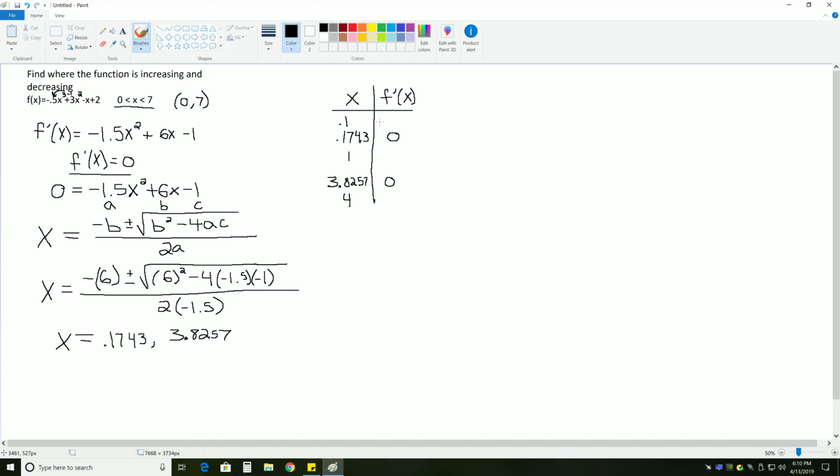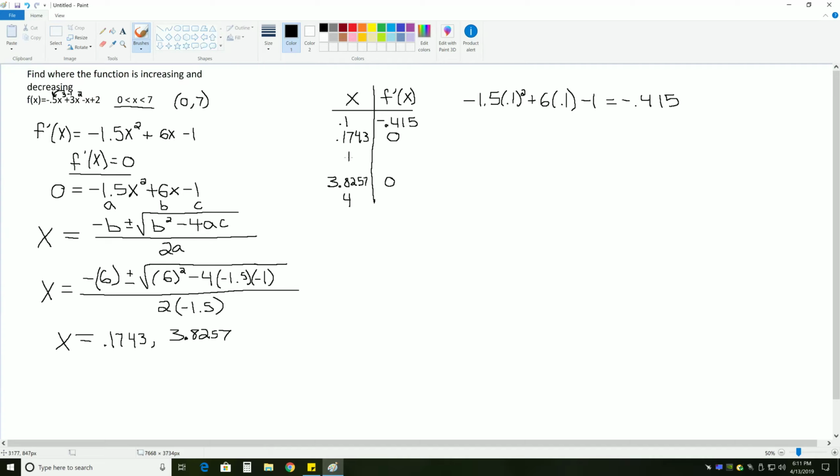When we plug 0.1 into our first derivative, we'll get negative 1.5 times 0.1 squared plus 6 times 0.1 minus 1, which ends up giving us negative 0.415. Which we can put right here.